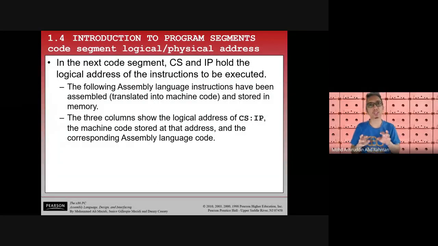Once we do the coding with assembly language, the assembler does the job of translating the code into machine code and storing it in the memory. The three columns show the logical address, CS:IP, the machine code, and the corresponding assembly language code.